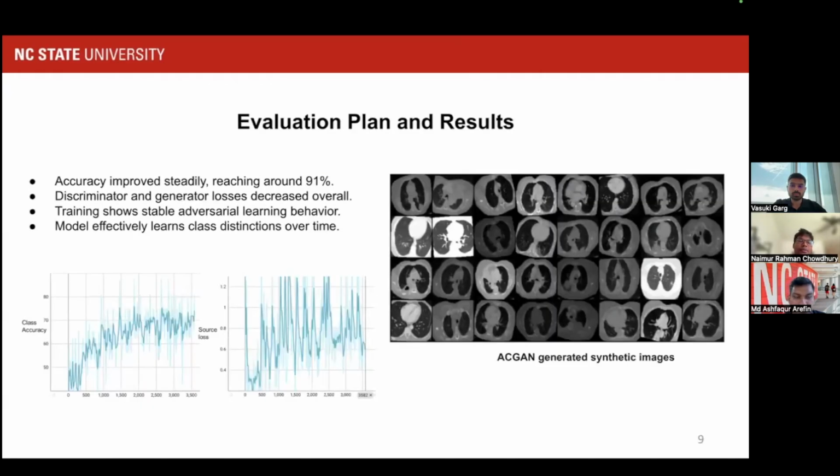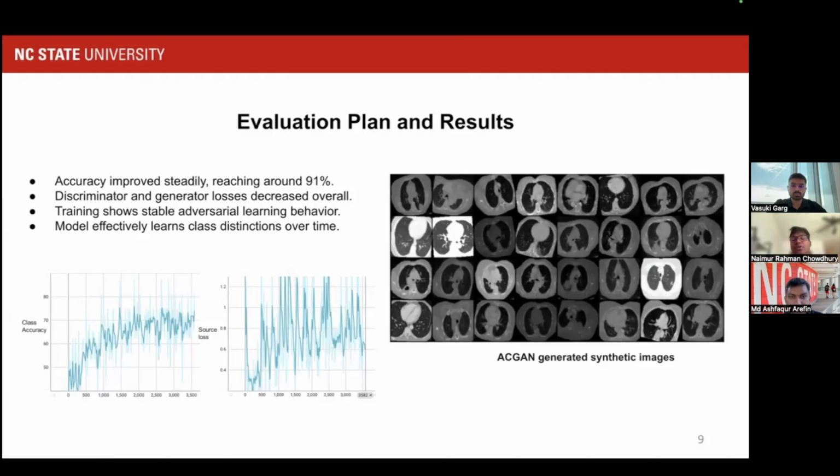This is the performance of our AC-GAN model generating the synthetic images. You can see the performance of the two heads. The first one is the class accuracy, which is increasing with time. That means the model is, in the end, doing well in classifying the images into the correct labels. And the source loss tells us the model's performance in discriminating real versus fake images.